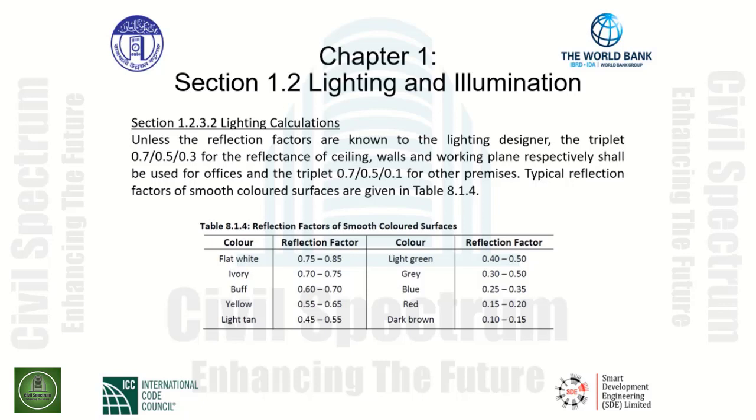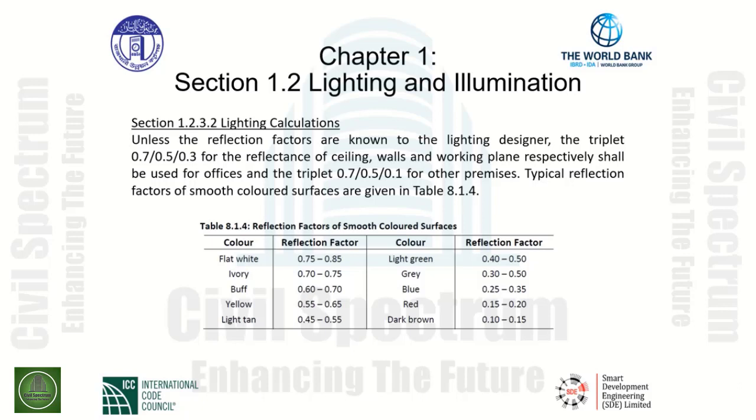Unless we understand the reflection factors, we need to look at the table and see that the color and the reflection factor have a bearing on the lighting design. As we can see, reflection factors of smooth colored surfaces such as flat white have a reflection factor of 0.75 to 0.85.